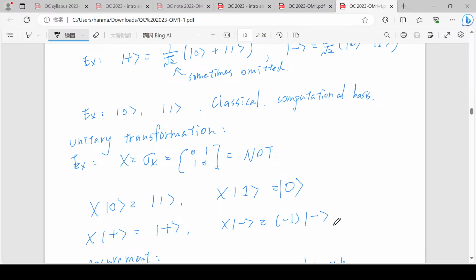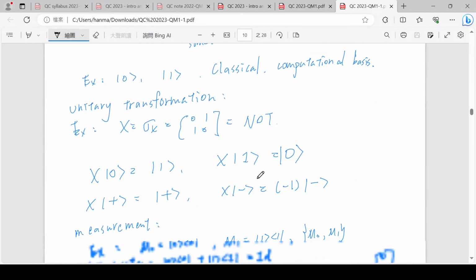Then we have unitary transformations on a qubit. So there are 2 by 2 unitary matrices, and examples of them are those Pauli matrices. For example, X equal to sigma x is (0, 1; 1, 0). And these actually correspond to the classical NOT gate. And why do we say it's a NOT gate?